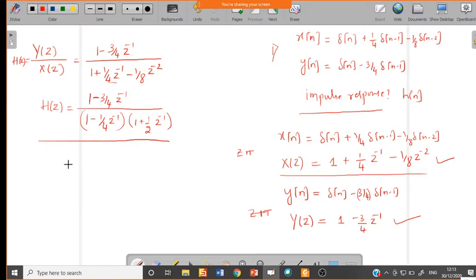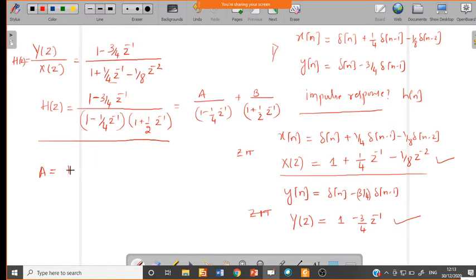So now what is A? We can express this as A by 1 minus 1 by 4 z inverse plus B by 1 plus 1 by 2 z inverse.